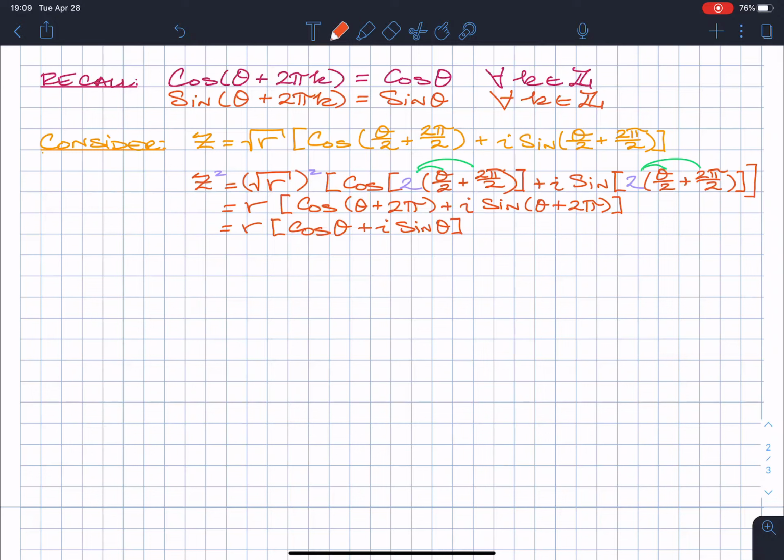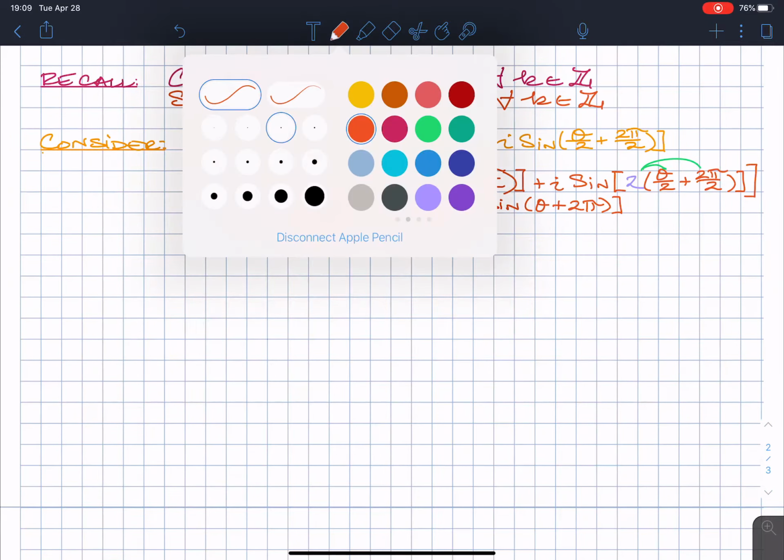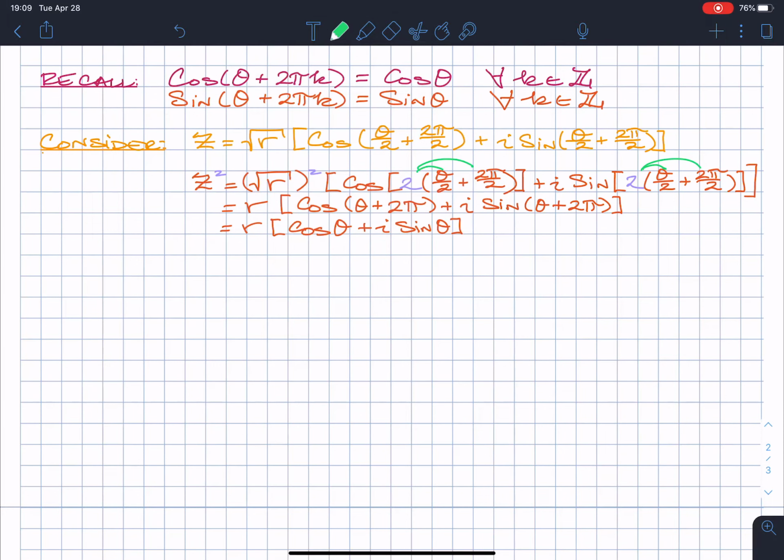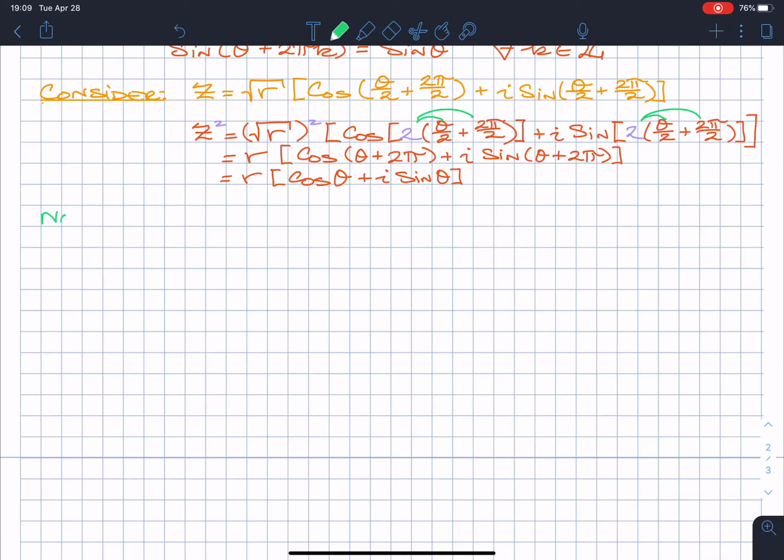Okay, but what does this really tell us? Well, let's consider, if we have now z being equal to the nth root of r times a quantity cosine of theta over n plus 2 pi over n, plus I times sine of that same ugly argument, theta over n plus 2 pi over n.